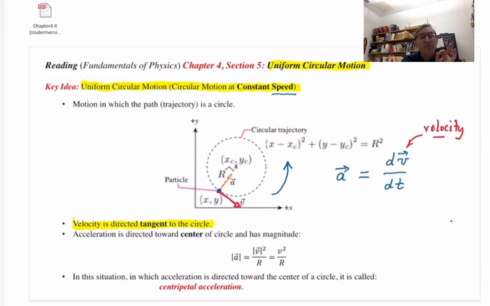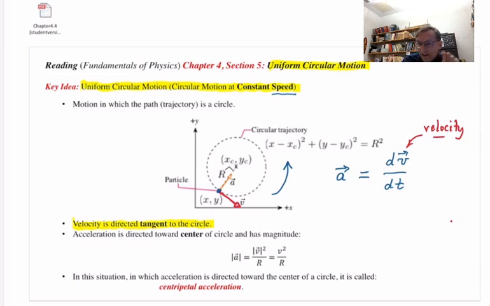And any vector, like velocity, has a magnitude and a direction. If either part of that vector changes, either its magnitude or its direction, then the velocity is changing. If the velocity is changing, then its derivative isn't 0. And acceleration is derivative of velocity.